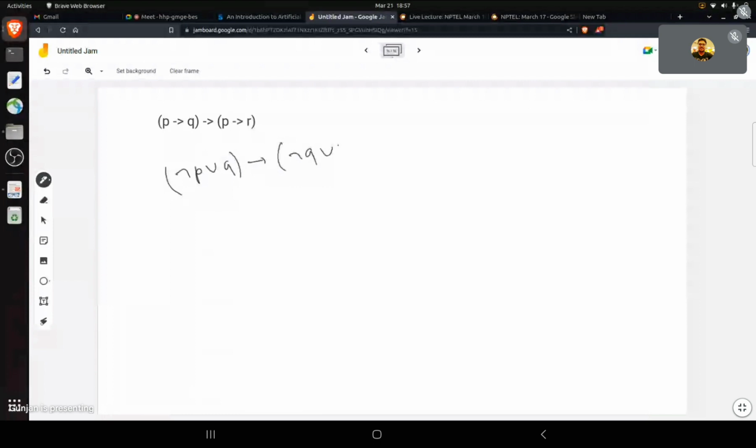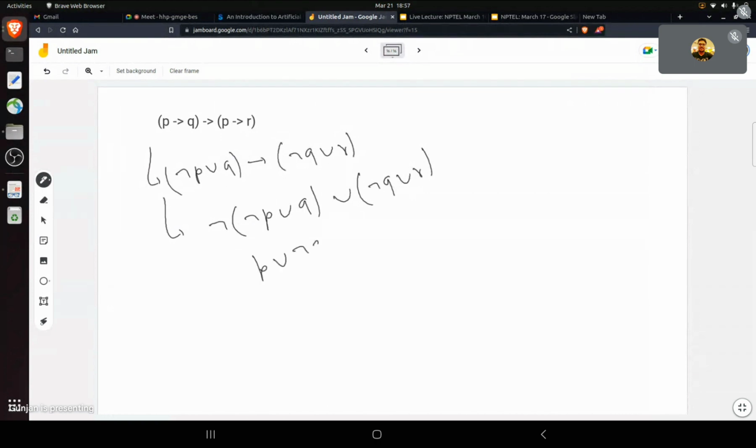So this is the first step. Now from here, you can go to not of not P or Q, or not Q or R, right? So this will become P and not Q, or not Q or R.